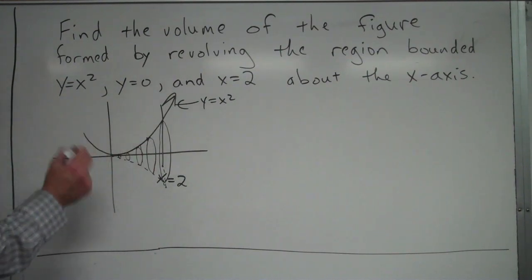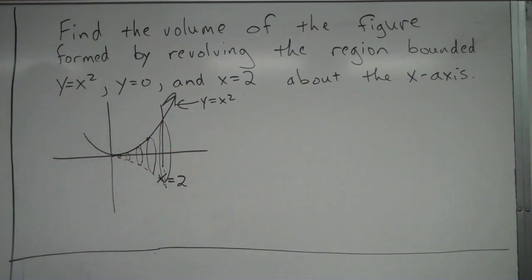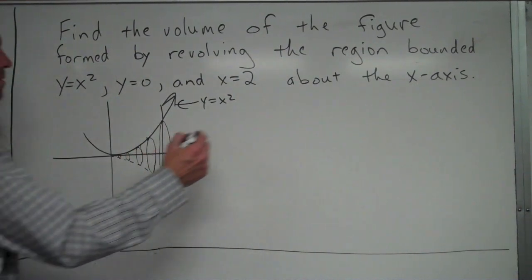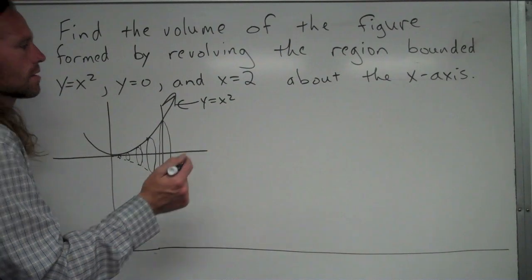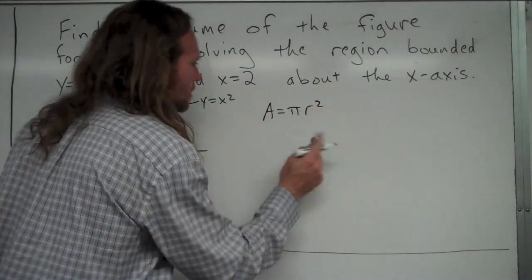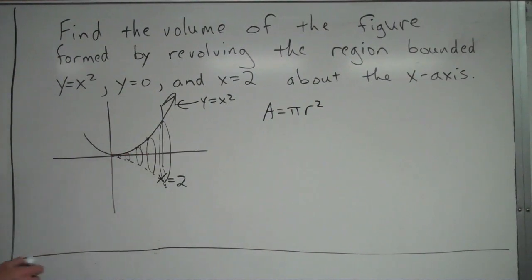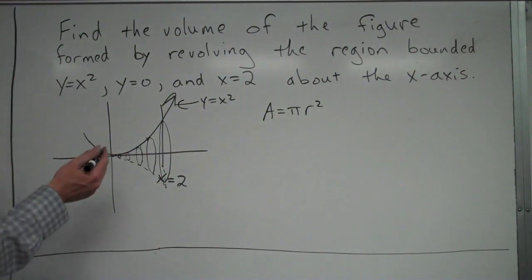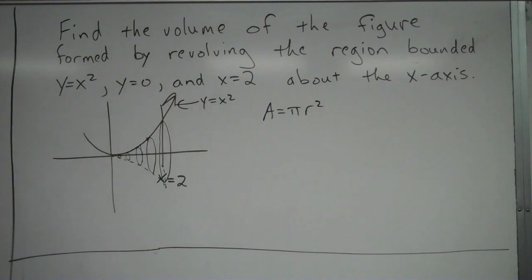Anyways, the key is the cross-sections are going to be circles. So whenever you're rotating around a line, you're always going to use A equals pi r squared, because all of these cross-sections are circles. I know in this example I'm going to take a little bit longer. On the other ones, I'll assume you saw this one so that we can move a little bit quicker.